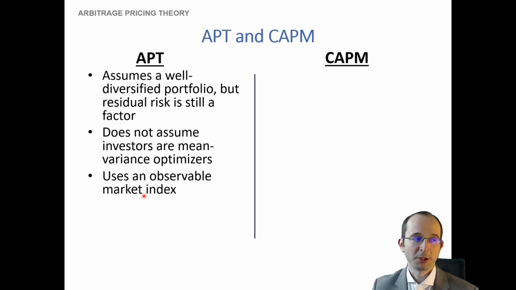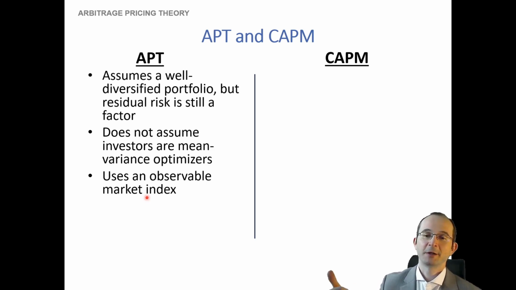And the APT can actually be implemented using an observable macroeconomic risk factor. If we're going to use CAPM in APT world, it would be just using the market index, but remember that we can actually have multi-factor versions of the APT, like the Fama-French model, including the market factor, but also the size factor and the value factor.